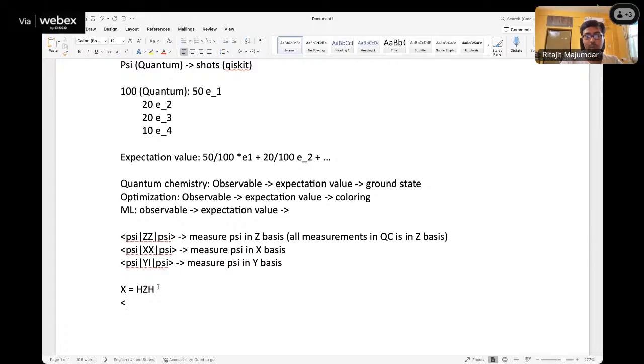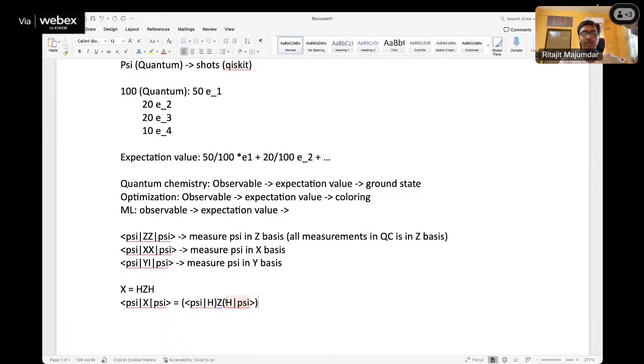So now let's take this as a single qubit, just for simplicity. What I can say is this is actually H Z H psi. Now just look into this. What is this saying? It is saying that you have a quantum state psi, apply a Hadamard gate on it.